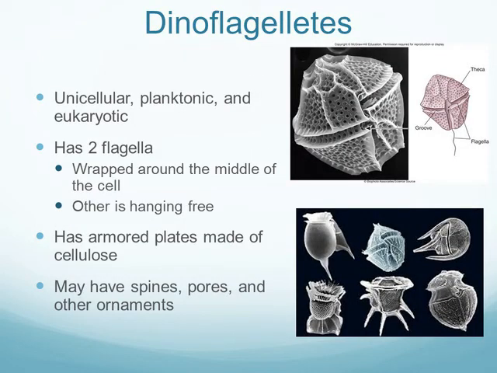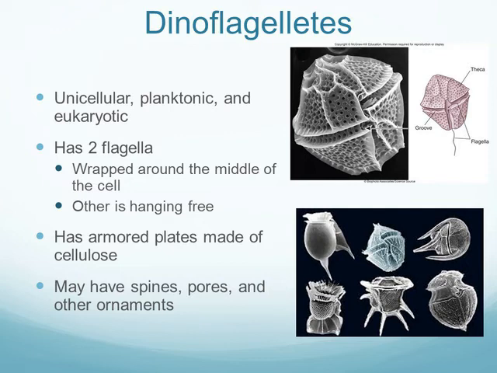Next we have dinoflagellates. These are also unicellular, so that's only a single cell. They are planktonic, so they're microscopic, but these particular guys are eukaryotes, so they are more complex, right?